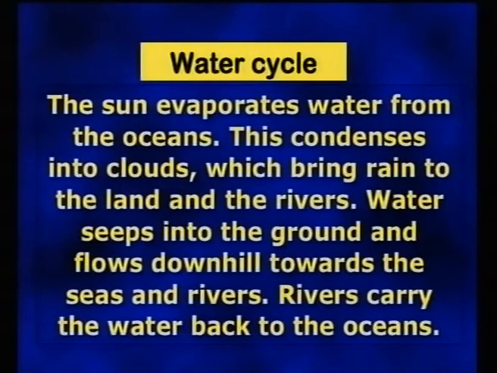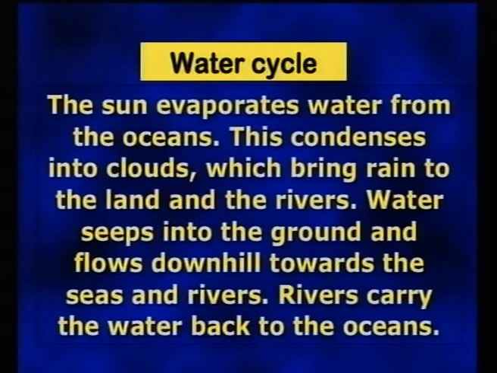This condenses into visible water vapor, which is clouds, which bring rain onto the land and the rivers. Then the water escapes into the ground or flows through the seas and rivers, and the river carries the water back to the ocean and the cycle continues.